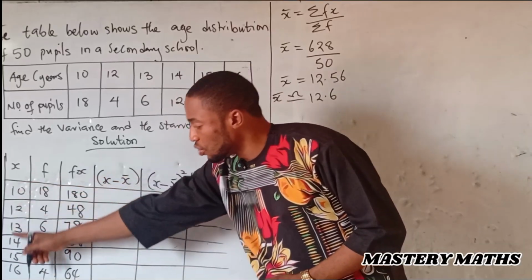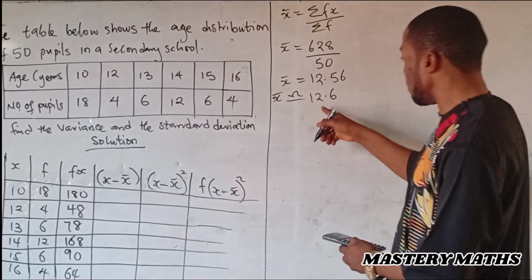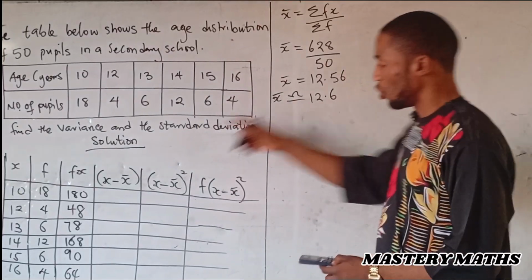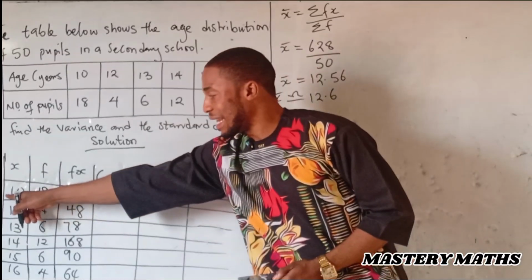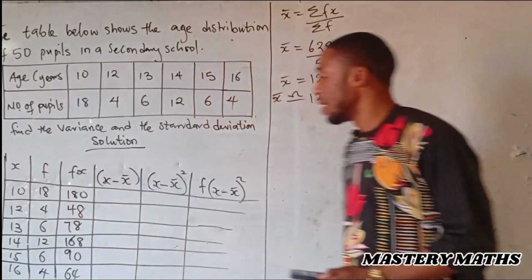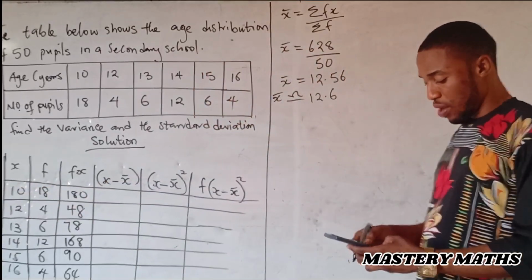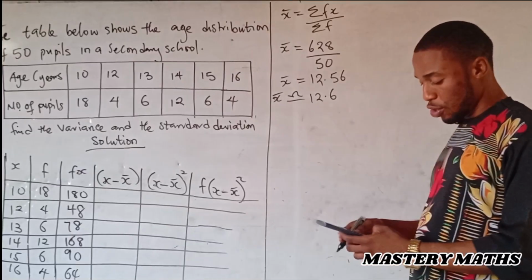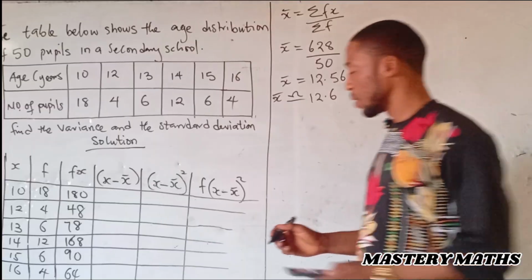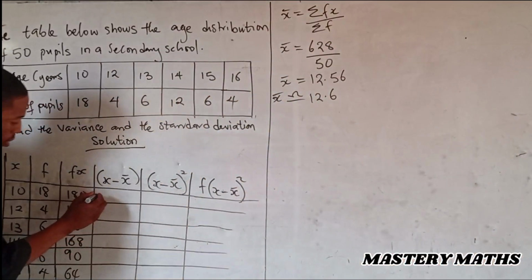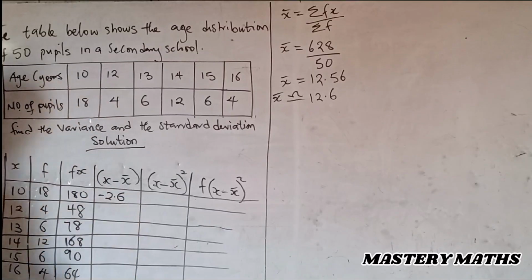We'll use all these values to subtract the mean. Now, first of all, we have our 10. 10 minus 12.6 will give us minus 2.6. So write our minus 2.6 here.